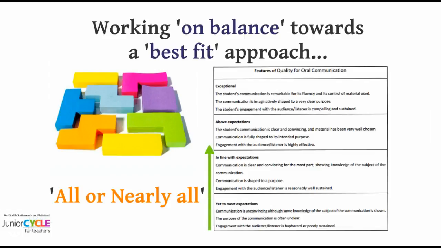If appropriate, the teacher will then proceed to move up through the descriptors until one is reached where the student's oral communication clearly does not match all or nearly all of the features of quality. The student's oral communication will therefore be assessed as being at the preceding descriptor where it is clear the student's work matches all or nearly all of the features of quality at that level. A similar process would apply for the collection of the student's texts CBA.